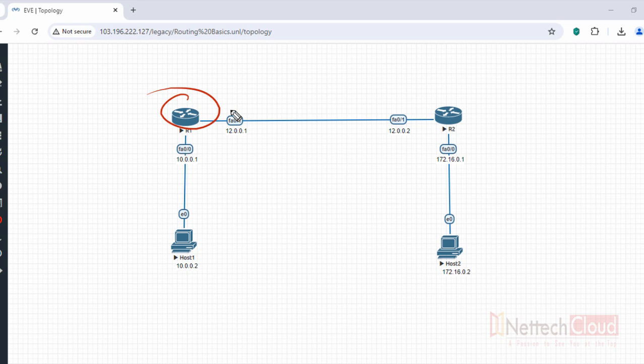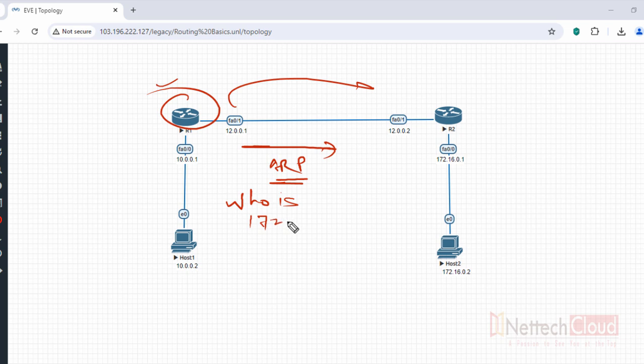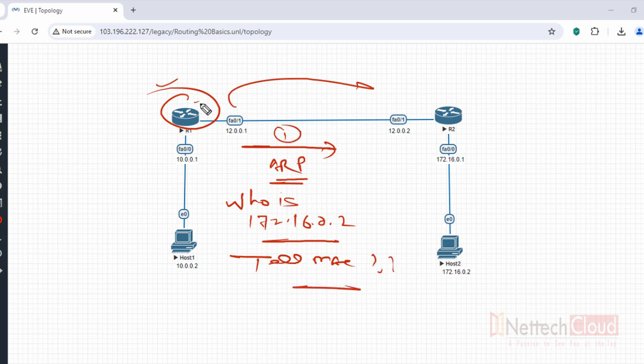So what happens here? R1 now sends an ARP broadcast message asking who is 172.16.0.2, tell your MAC. Now question here. Why is R1 sending an ARP request to obtain the MAC address of the end host destination? Why not the next hop IP address?